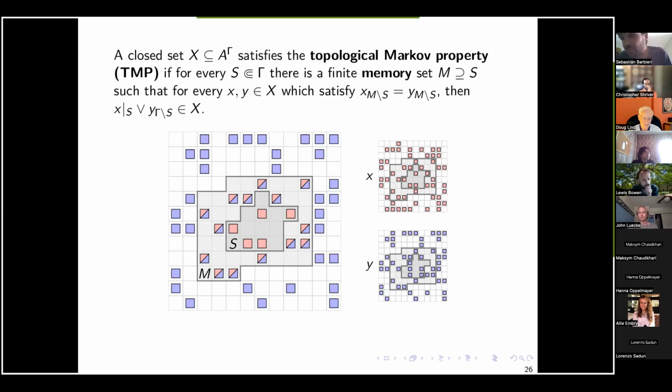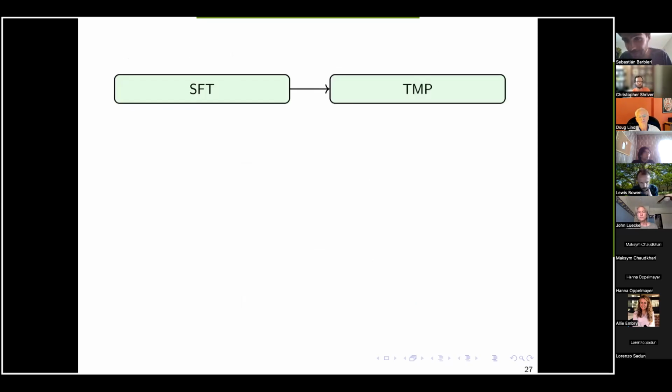Okay, so it's like a very, very weak pasting property. For every finite set, there is a bigger set such that if I coincide on this boundary, then I can paste what's outside with what's inside. All right. So it's not hard to see that subshifts of finite type automatically have this topological Markov property.